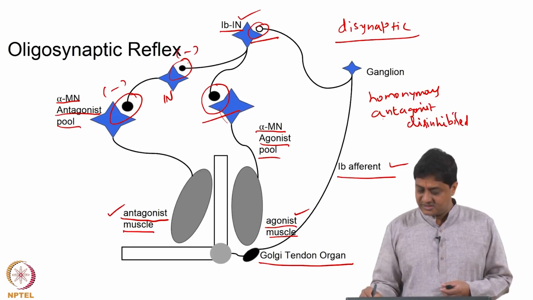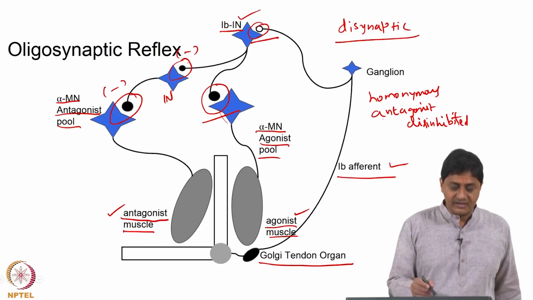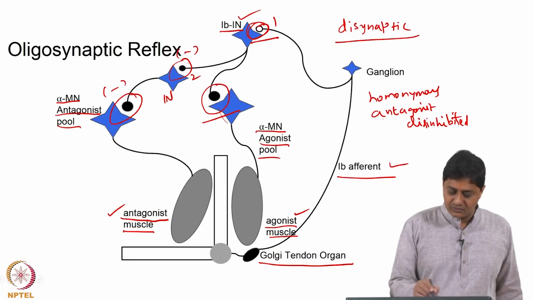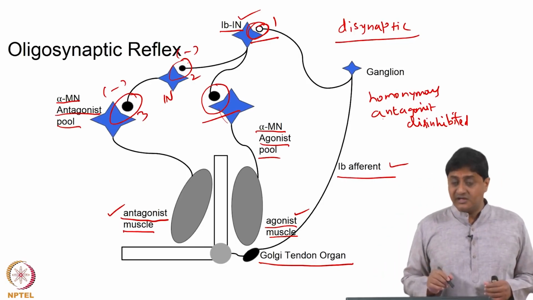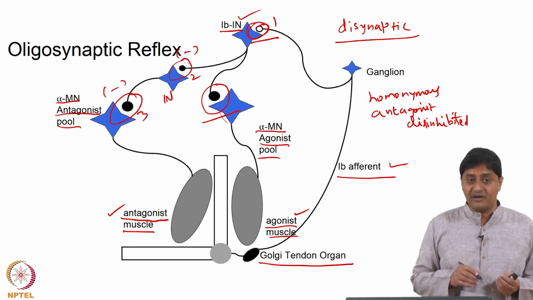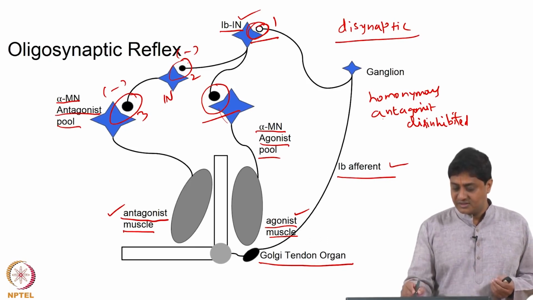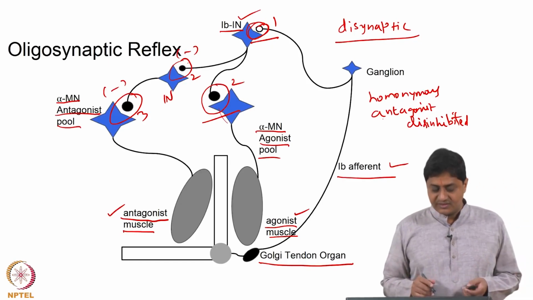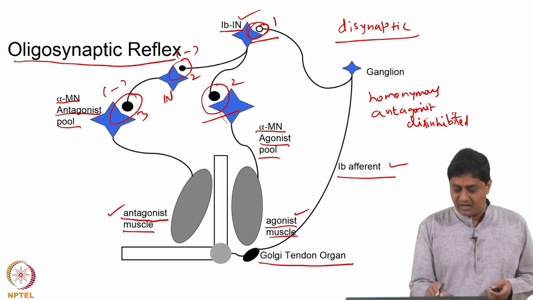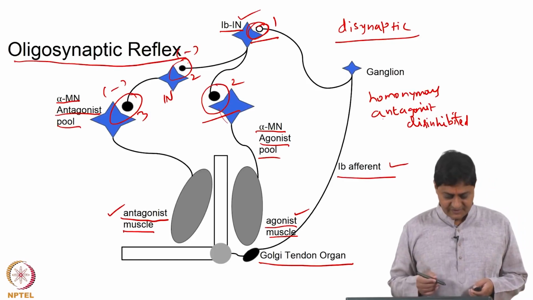This again involves how many loops, we said how many synapses. This disinhibition involves 1, 2 and 3 synapses, whereas inhibition of the same alpha motor neuronal pool involves 1 and 2 synapses. Okay. So, this is again another example of an oligosynaptic reflex.